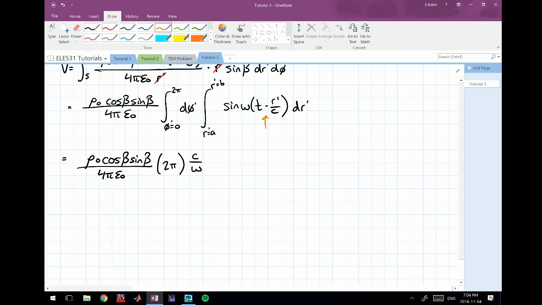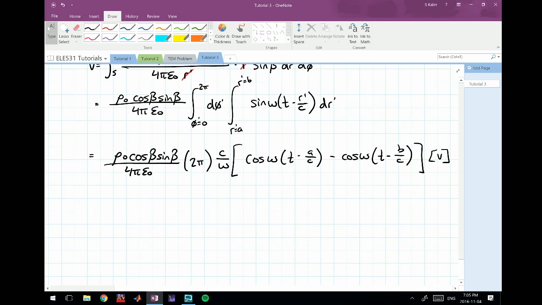So when you do the integral, this c over omega should show up. That's a leftover from the integral. Then when we evaluate the limits, we get cos of omega t minus a over c, minus cos of omega t minus b over c. And this is volts. And this is the potential.